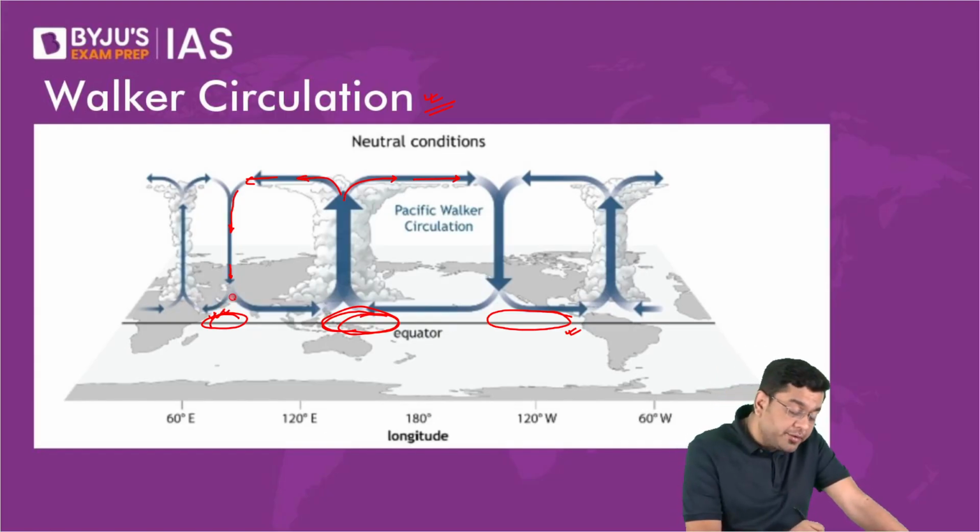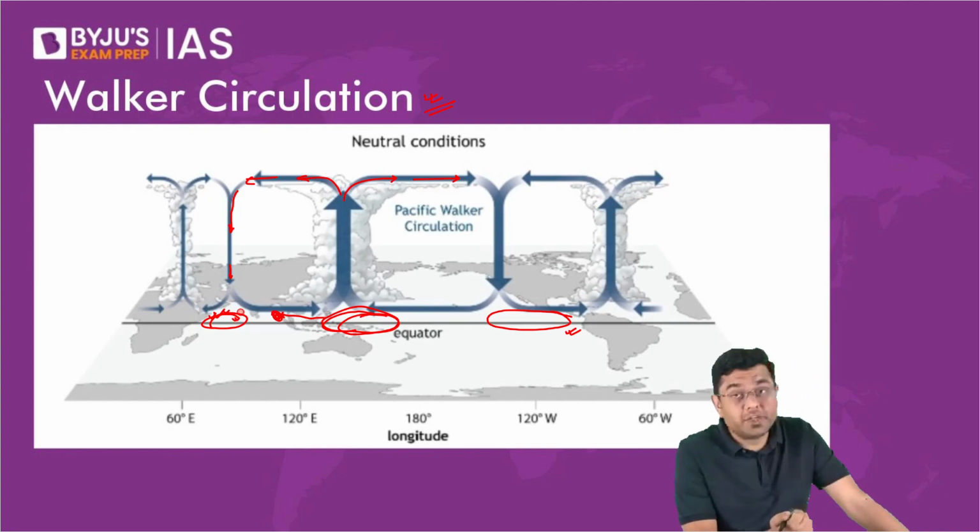So there are chances of a pre-existing low pressure system maybe traveling from here or maybe developing here, but it will not develop easily in this region. So even under normal conditions of Walker circulation, you have conditions ideal for cyclonic formation in the region of Bay of Bengal. Okay?